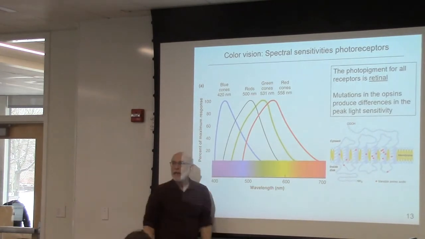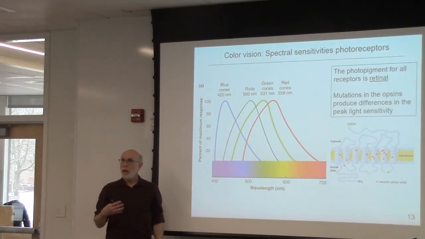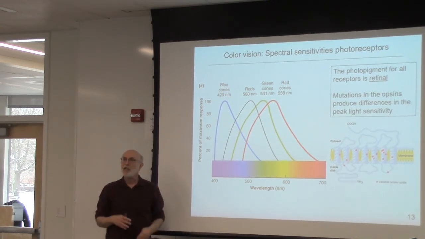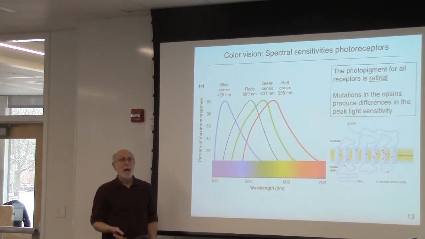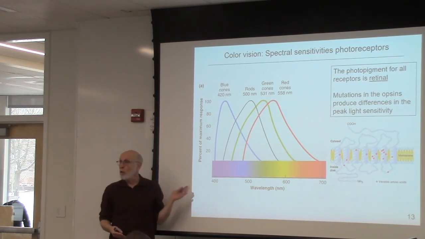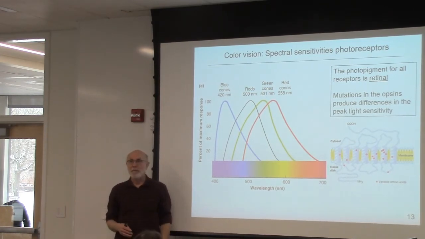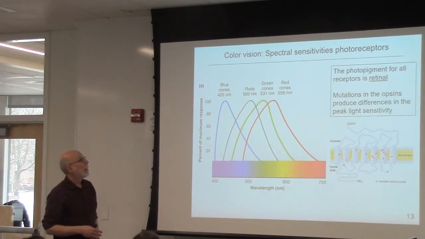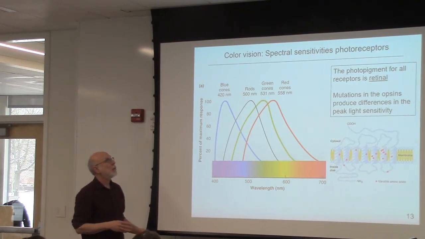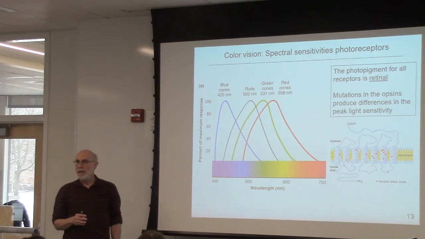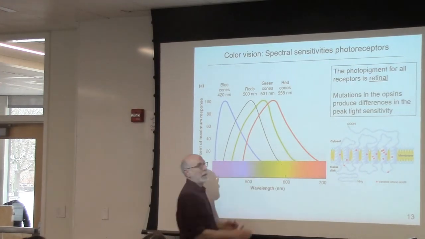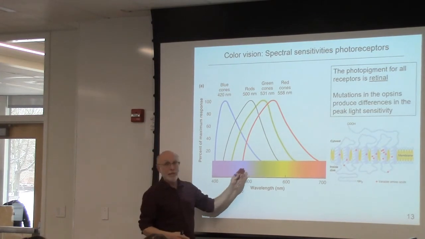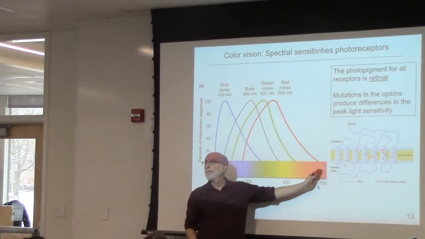Other colors are activating a range of opsins, and that's how we differentiate color. People who are colorblind have a genetic abnormality where one or more of these opsins are not expressed. So for example, I'm pretty sure that people who are red-green colorblind do not express the red opsin, and so it's very difficult for them to differentiate between green and red.